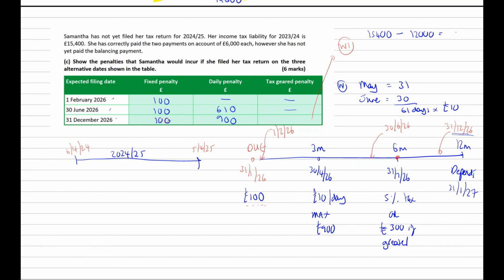So the tax outstanding is 3,400. 5% of 3,400 is going to be what? Let's say 170. Yeah, so 1,700. There we go. So 1,700 is going to be the... Oh, no, that's not right, is it? What am I doing?